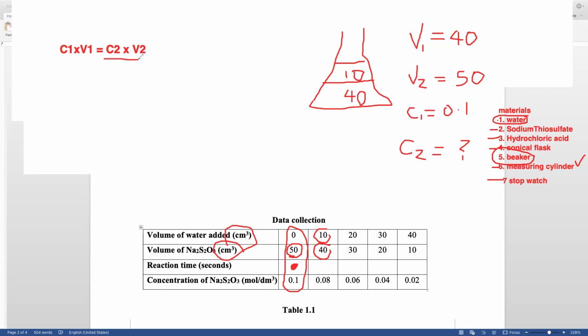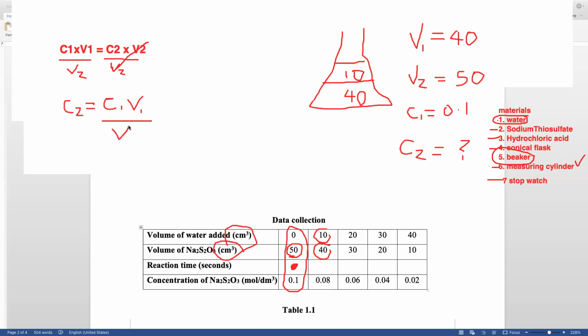So we're finding the second concentration. We divide by the second volume throughout so that these cancel, and our C2 is going to be C1 V1 divided by V2.